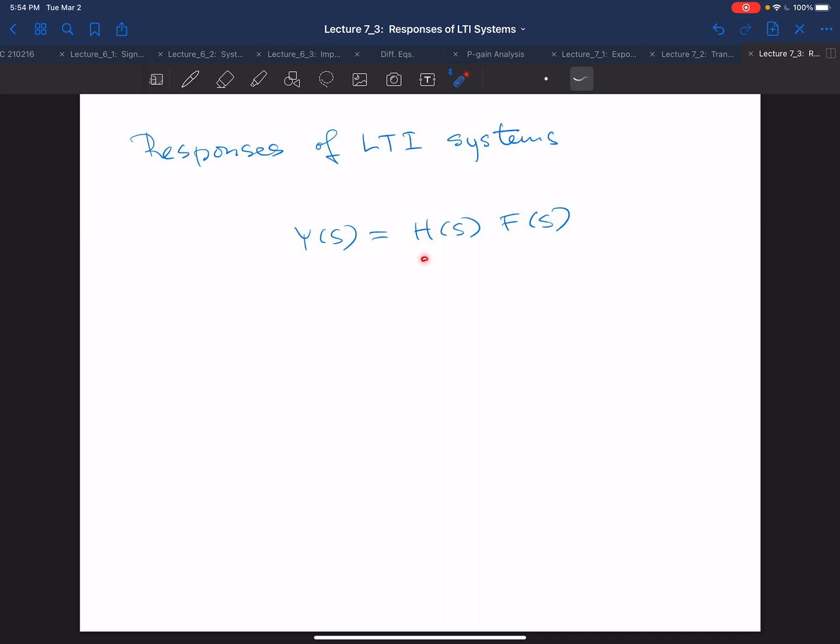And, because of that, this equation tells us that the response of the system is the convolution of the impulse response with the input. So in a sense, if you know the impulse response, you know everything there is to know about the way the system responds to any input you might wish.